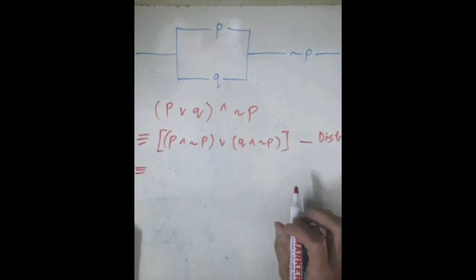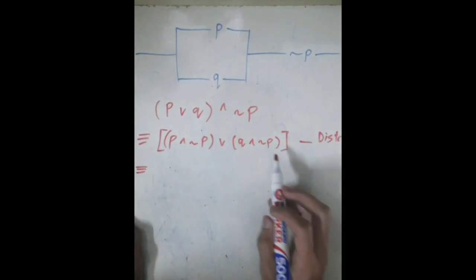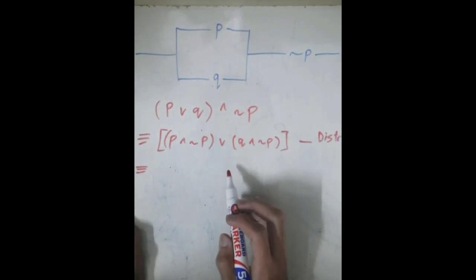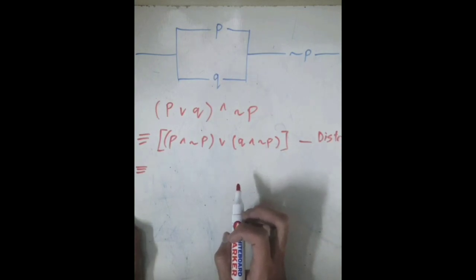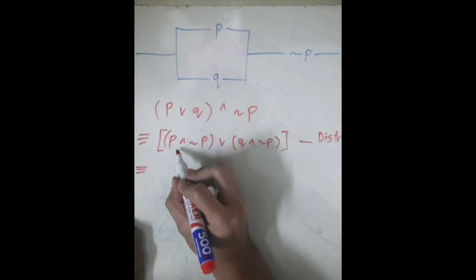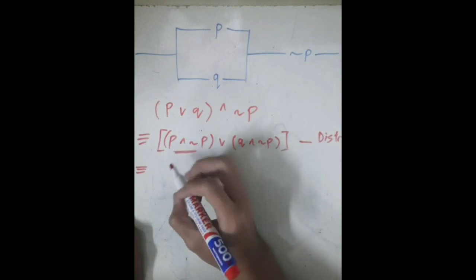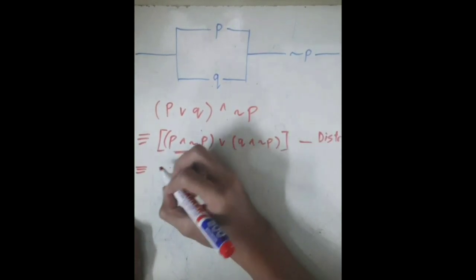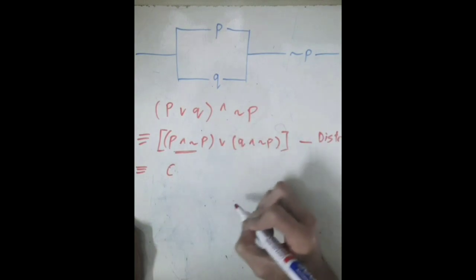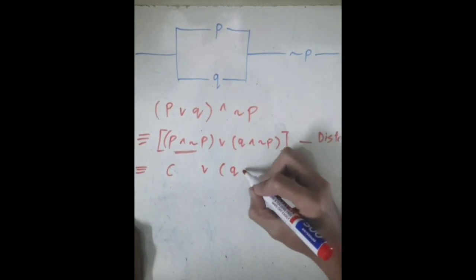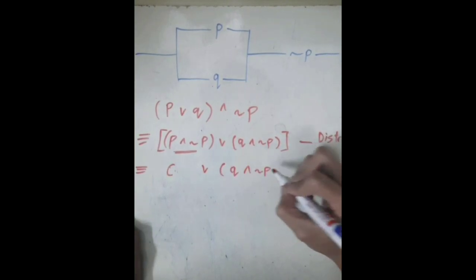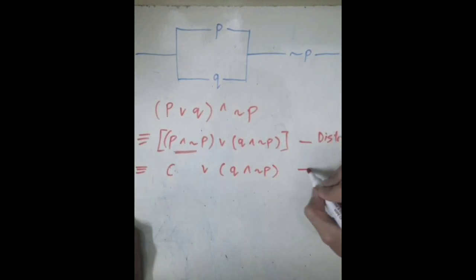Next, in this case, we can use the inverse law in this expression. So this become C or in bracket Q and not P. So this is a inverse law.